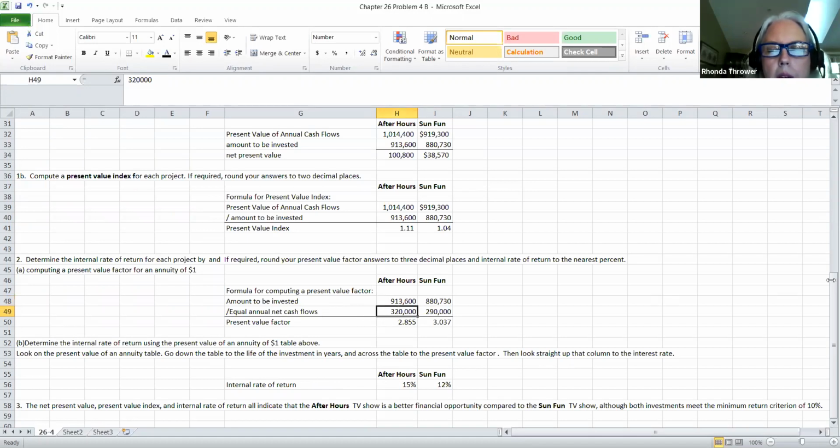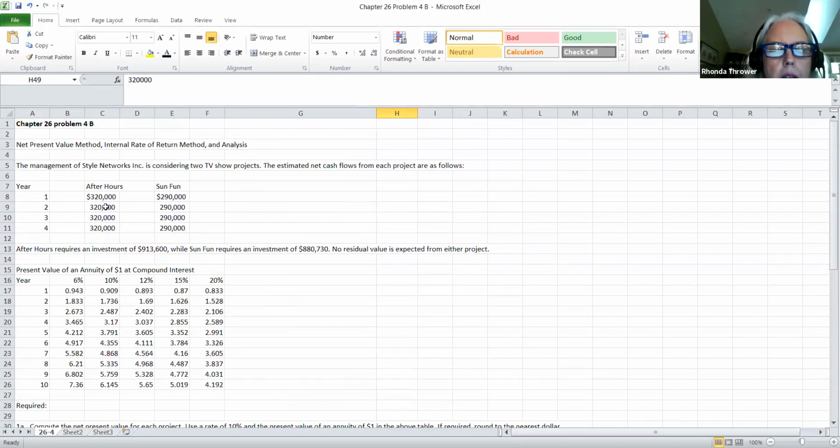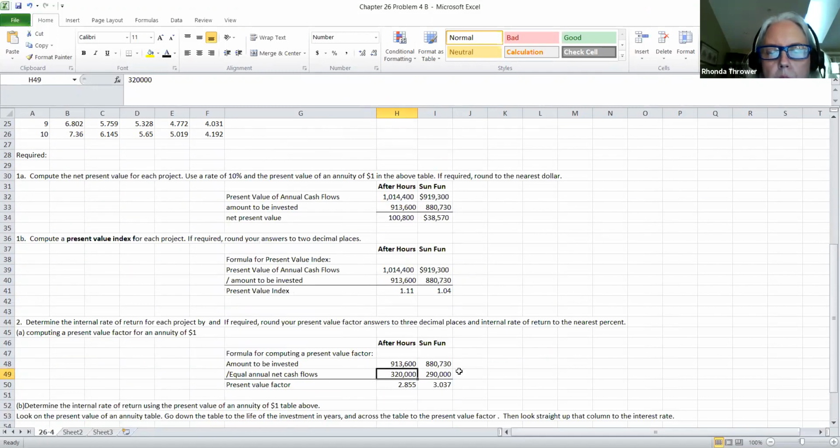So for After Hours, the amount was 320,000, and for Sun Fund, it was 290,000. Both of these amounts are given. So you simply divide the equal annual net cash flows into the amount to be invested, and that gives you the present value factor.